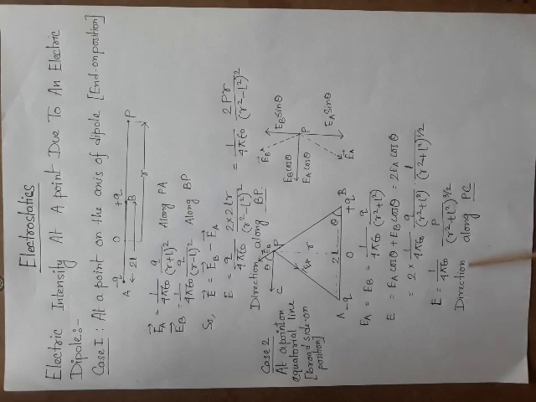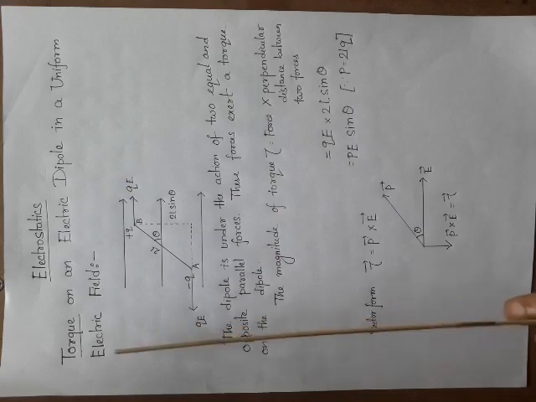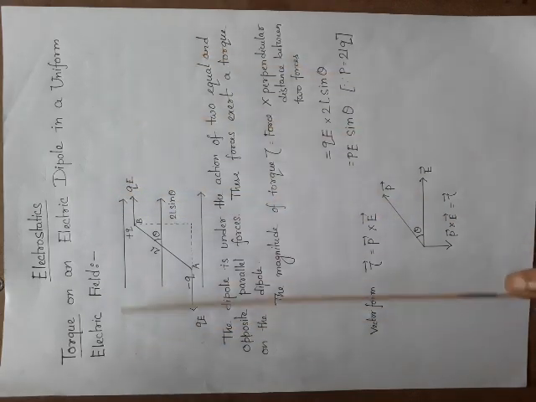So the final expression of E is equal to 1 by 4 pi epsilon naught 2Lq means p. So p divided by (r square plus L square) to the power 3 by 2. This is the magnitude part, and the direction of the electric field intensity E at P is along PC as shown in figure. Our next topic is torque on an electric dipole in a uniform electric field.